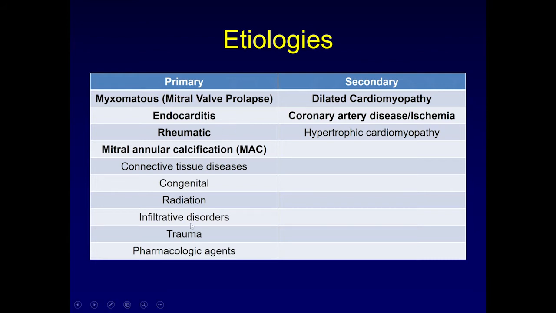Because you are going to be top-notch cardiologists, you should still know the ones that are not in bold as part of your differential of why somebody might have it. So connective tissue diseases, congenital problems, radiation, and you can read the rest of this list. Secondary causes obviously are from cardiomyopathy conditions, dilated or ischemic coronary disease, and although less common, we'd still see plenty of hypertrophic cardiomyopathy patients with mitral regurgitation.